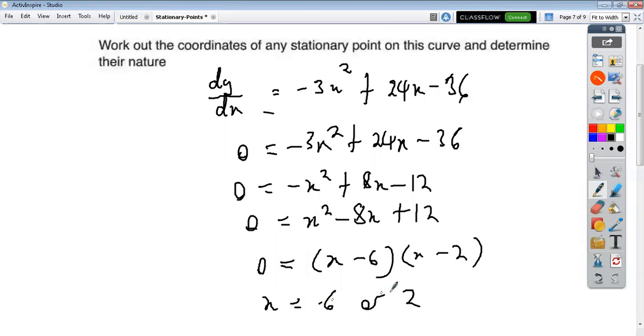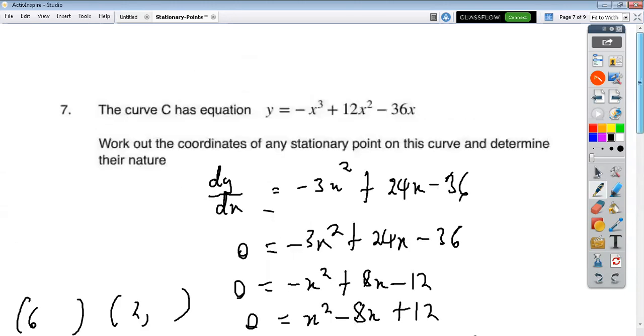I now have the x coordinates where the curve is turning. So I have 6, but I don't know the y. Then I have 2, I don't know the y. Then I use my original equation. Let's equate when x is equal to 6. So we're saying negative brackets 6 cubed plus 12 brackets 6 squared minus 36 brackets 6.